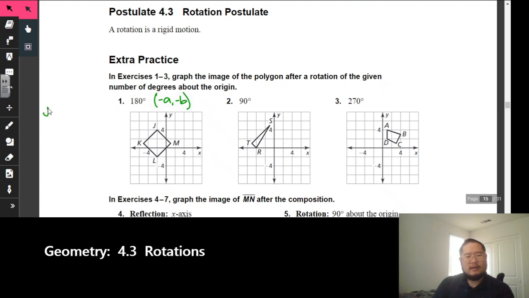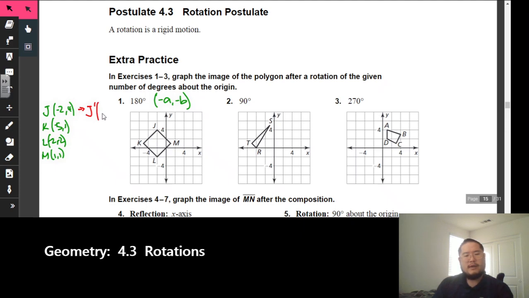We have to know what our points are. So let's say J right here is negative 2, 4. K is negative 5, 1. Point L is negative 2, negative 2. And point M is at 1, 1. I'm getting these points straight from the diagram. Okay, so the rotation takes this to become J prime.